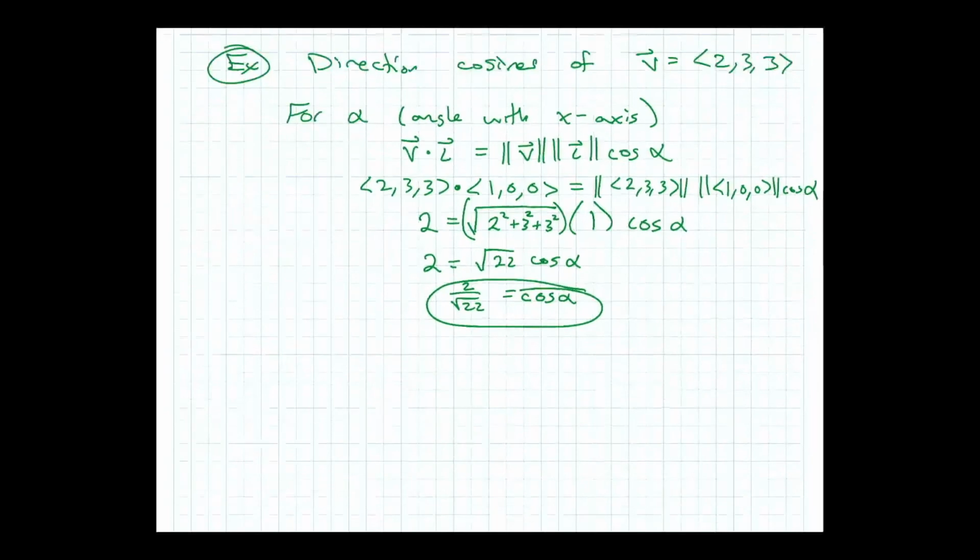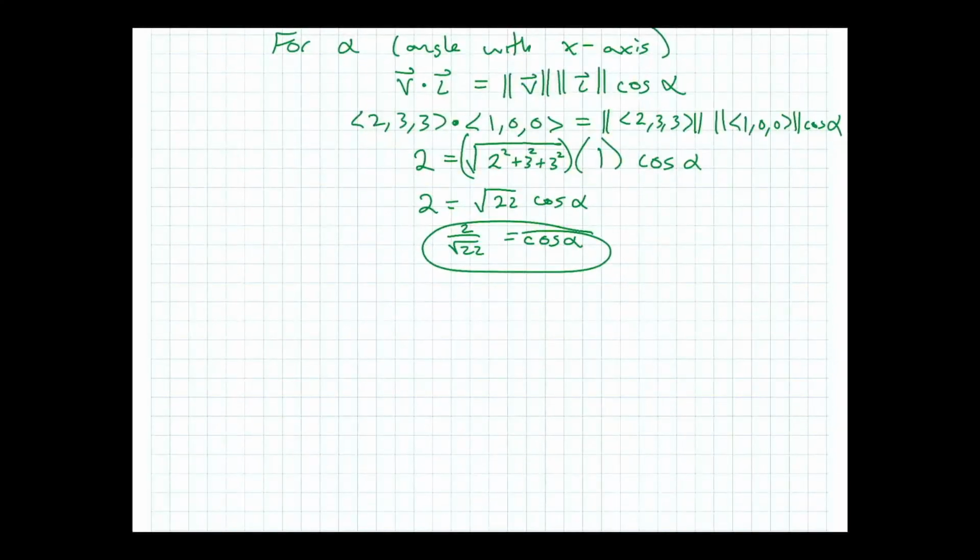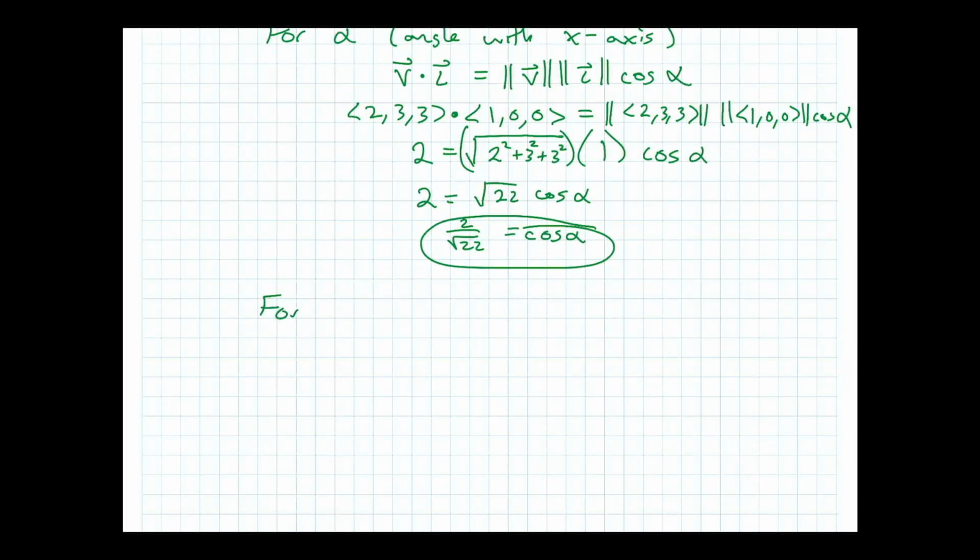And you could do the same thing for beta and gamma, but it wouldn't be i, it would be j and k. So for beta or gamma, do the same thing, but use j and k instead of i.